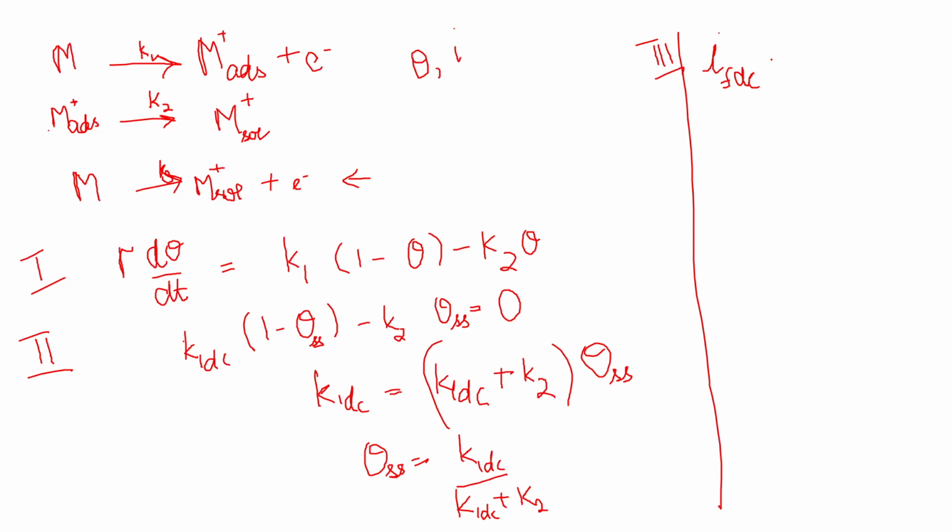The Faraday current is nothing but n into Faraday constant F into rate. The rate will be considering only those steps in which electrochemical reactions are happening. In this case, the first one and the third one are the only steps in which electrochemical reactions are involved. Here you can see only one electron is involved, and that's why n value will be 1.